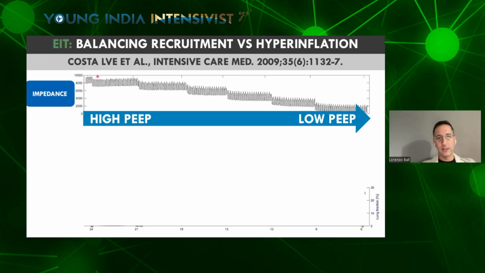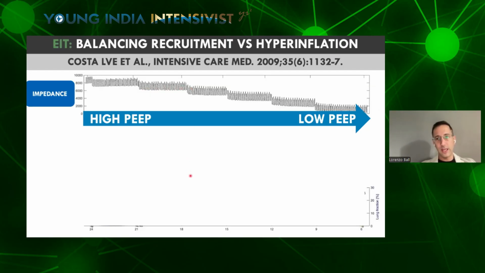You see that the overall impedance, so the amount of obstacle that the current finds to reach the electrodes in the belt, decreases because the lung is deflating, and the small variations here are the tidal breathing over a certain level of PEEP. So the bottom line represents the PEEP level, the small changes represent the tidal breathing.